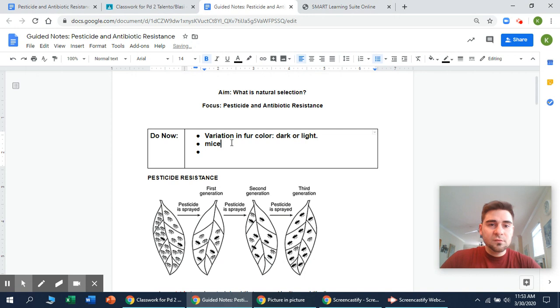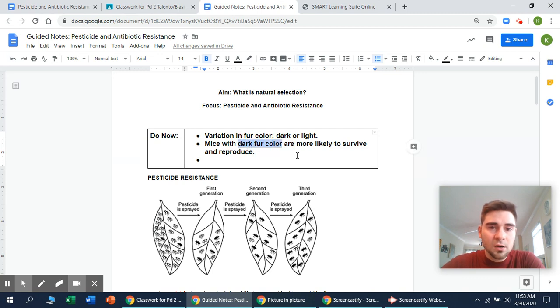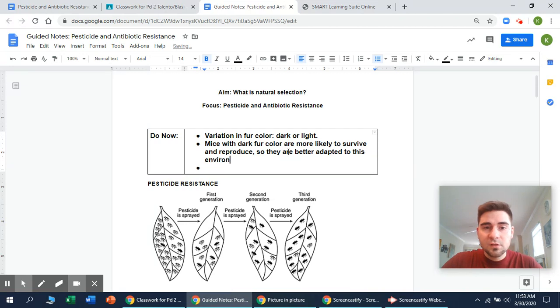So mice with dark fur color are more likely to survive and reproduce, right? So the mice with the dark fur color are the ones that are better adapted to this environment, right?